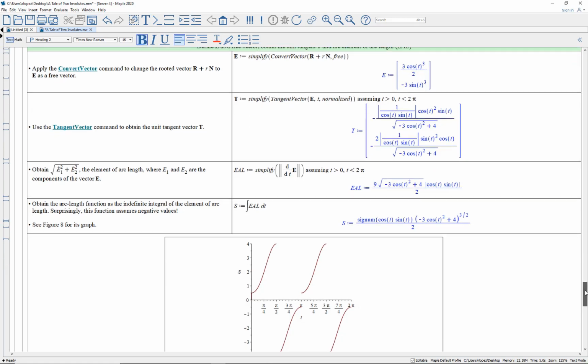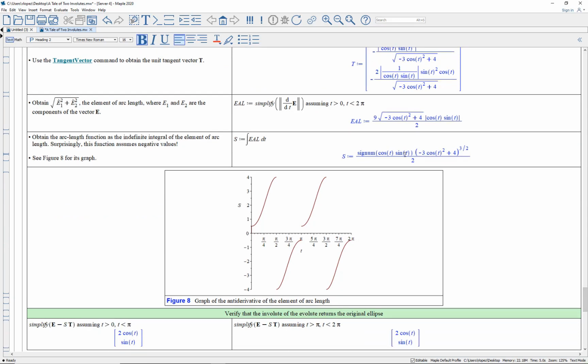I graphed this expression for the arc length. It's discontinuous. And from some points of view, you can say it's monotone if you wrap plus infinity around to minus infinity, or it's not monotone if you consider this drop from positive to negative.